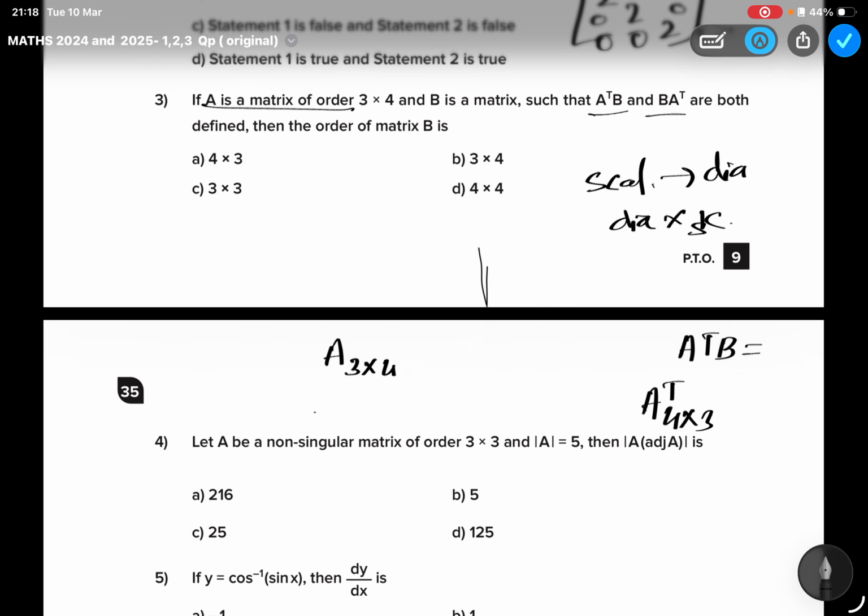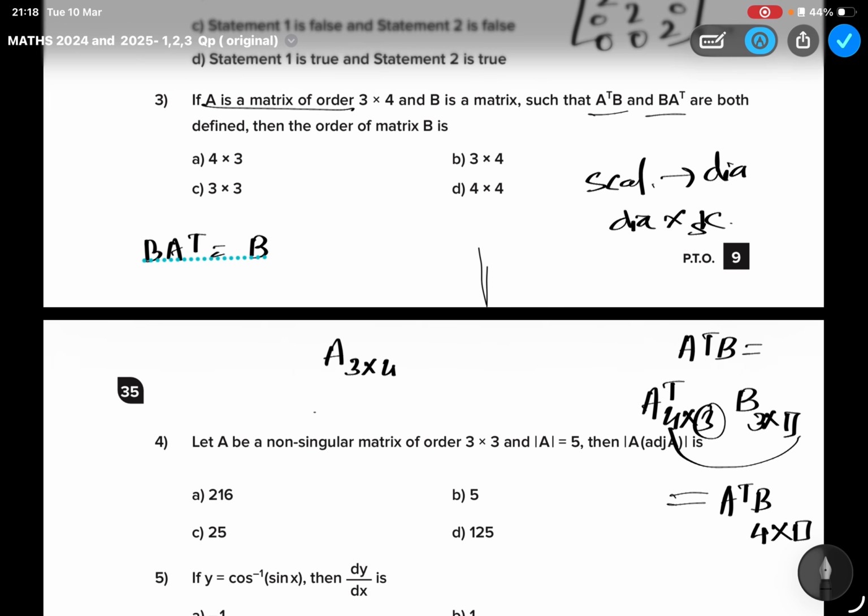It will be 4 cross 3, and you will get this number for B. So for B you will get 3 cross something, then the final answer is 4 cross something. A transpose B will be 4 cross something. And now B into A transpose is also defined. We don't know the order of the B matrix.